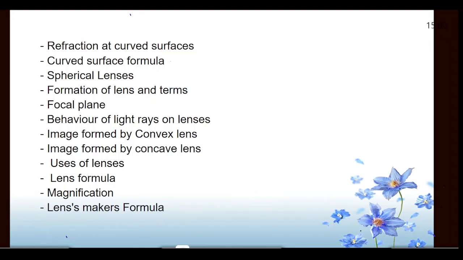So today we are going to revise the chapter on refraction of light at curved surfaces, right? Let's discuss all the topics in this chapter. First, refraction at curved surfaces. It covers light going from denser medium to rarer medium and rarer medium to denser medium through the surface, if the interface is a concave surface and if it is a convex surface.